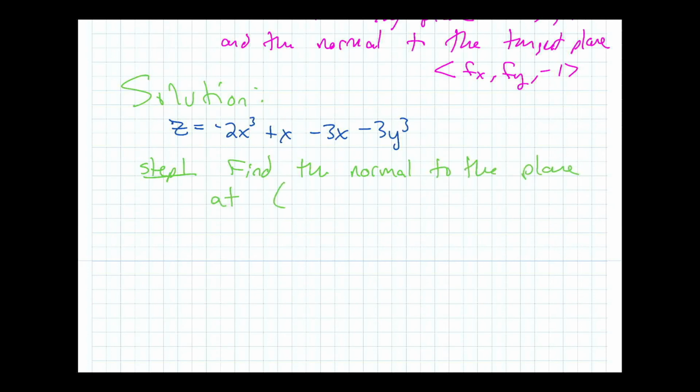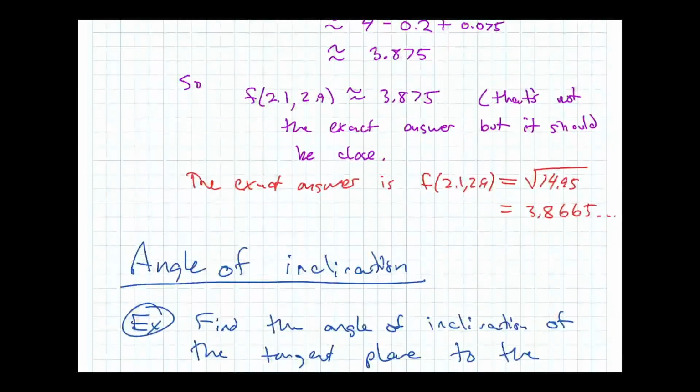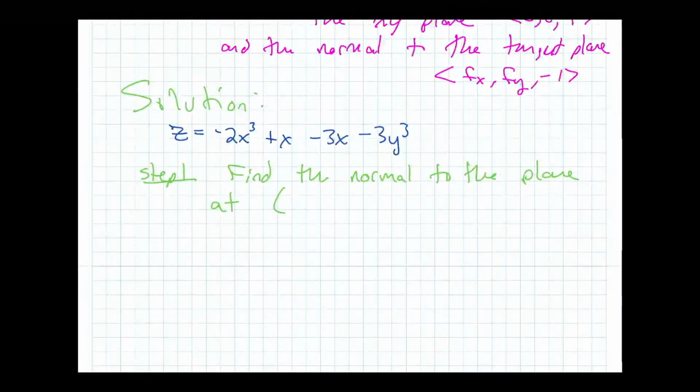And we also need the point, which was given to us. So the normal to the plane at, it was -1, -1, 9, maybe? Yeah, there it is, -1, -1, 9. We're only going to need the -1 and the -1 from it, but okay. So find the normal to the plane. Okay, so let's do that.